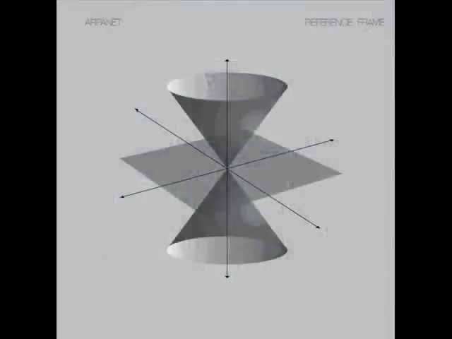LIGO and LISA will be able to measure the effects of coalescing or spinning black holes and neutron stars, or even to be sensitive to the so-called primordial gravitational waves, which are the remaining whispers of the Big Bang.